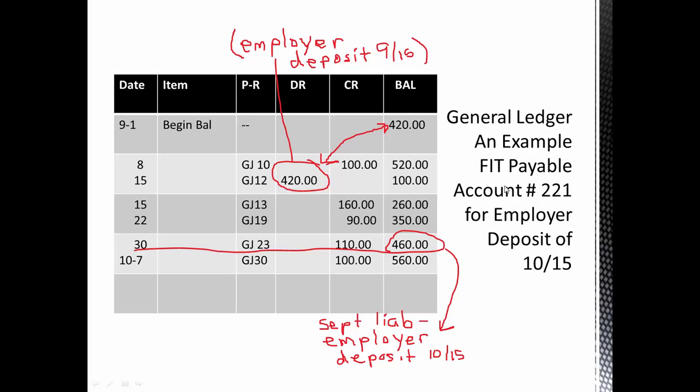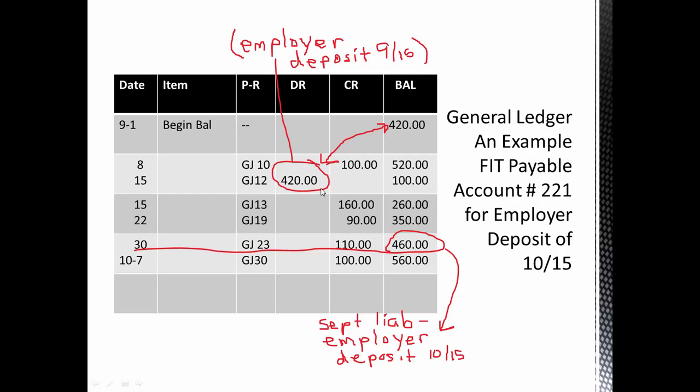So here is FIT payable account number 221 again. Notice that at the beginning of September, meaning the end of August, we owed $420 to the IRS as part of our 941 deposit. On September 15th, we paid that $420 along with the Social Security and Medicare as part of our 941 deposit.